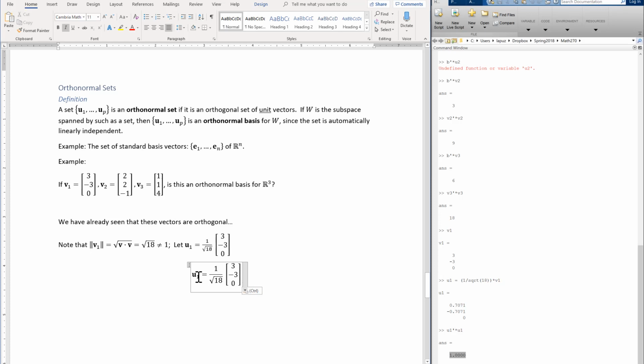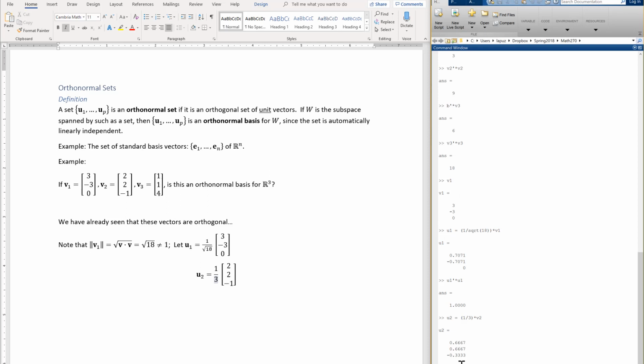So U2 is going to be this vector divided by the square root of the dot product. So the dot product with itself is 4 plus 4, that's 8, plus 1 is 9. So the square root of 9 is 3. And so let's double check and create our U2 vector, which is going to be equal to 1/3 times the V2 vector.